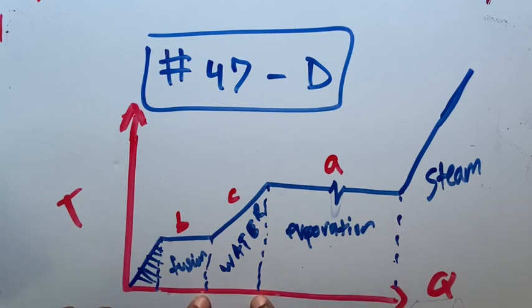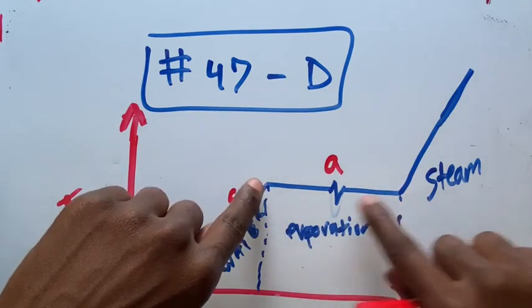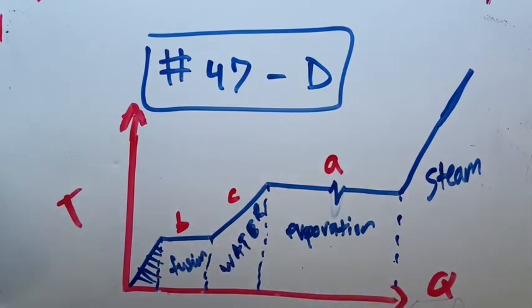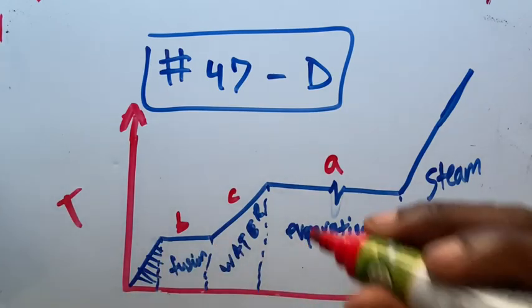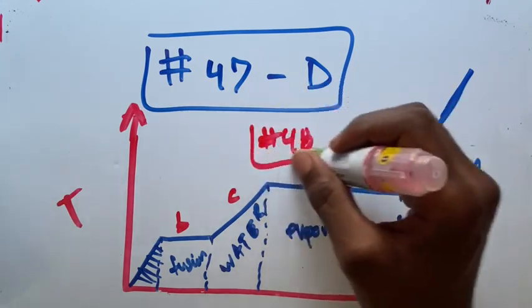But then if you look at the difference for A, which goes from here to here, because that's how much heat is required, a lot more heat is required for evaporation than either one of these other two processes. So the answer to number 48 is going to be A.